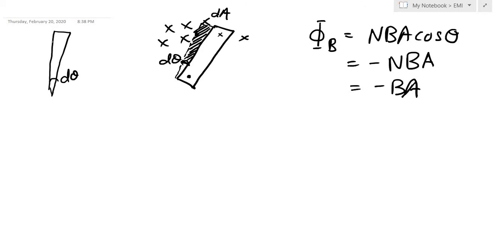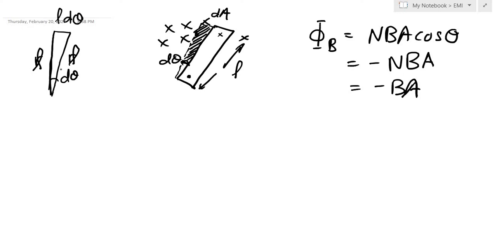Okay, now looking at this, it almost looks like a small triangle, right? This has the radius, you can say the length of the rod. The radius is the length of the rod, and you can say basically that this arc length is radius times the angle, so L d theta.